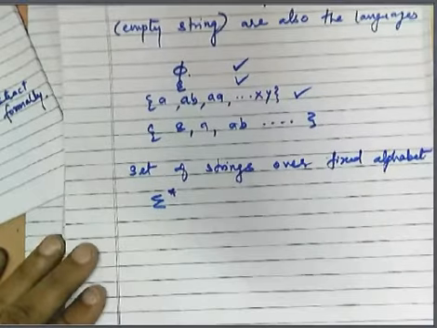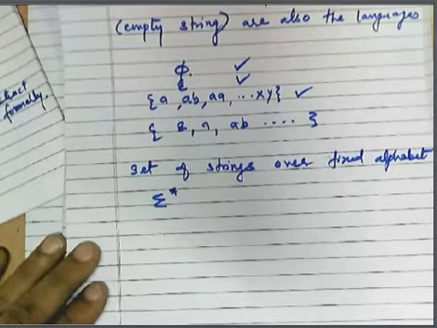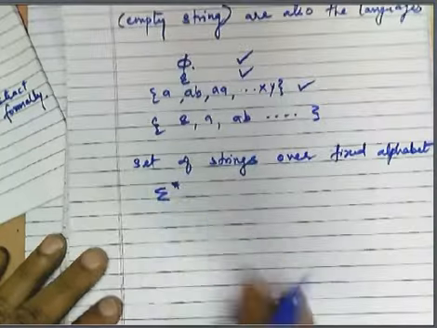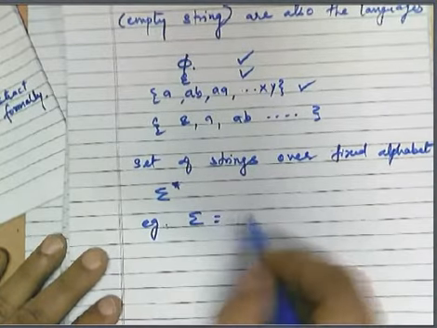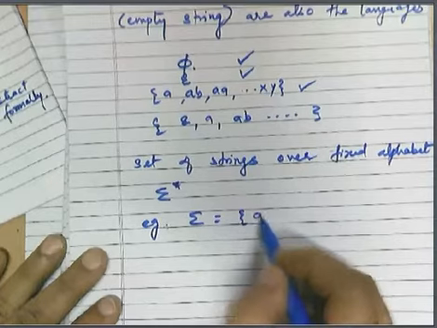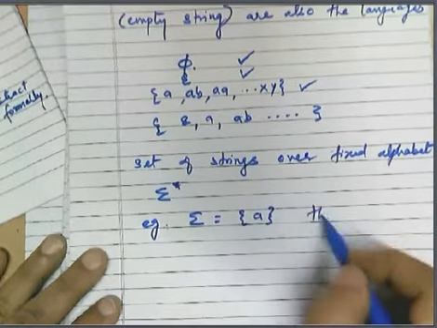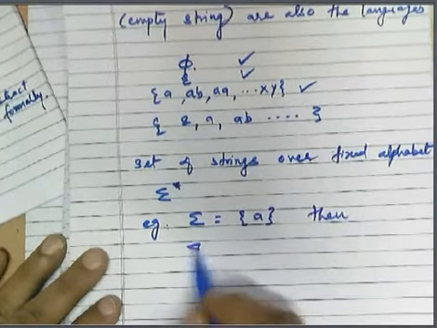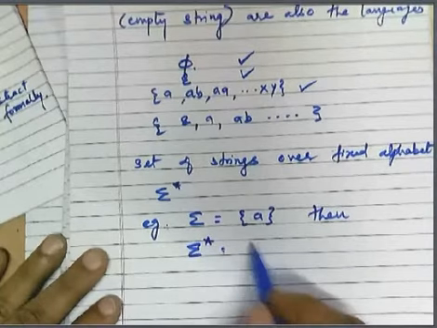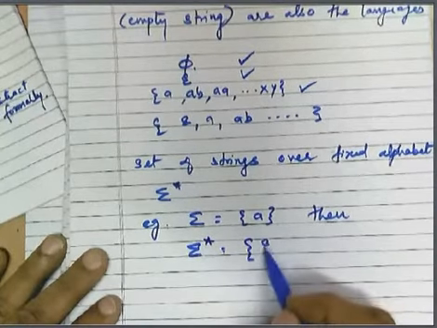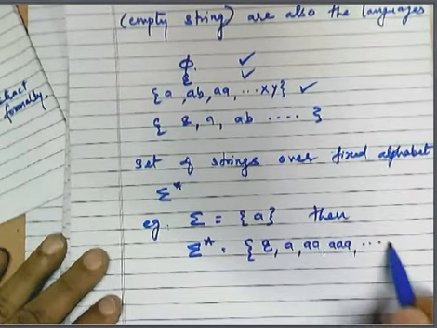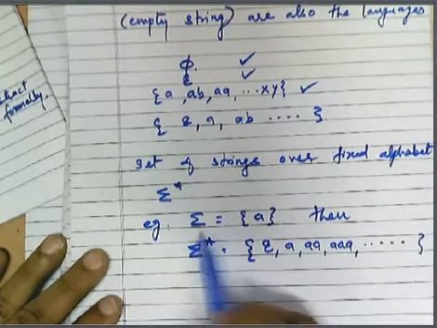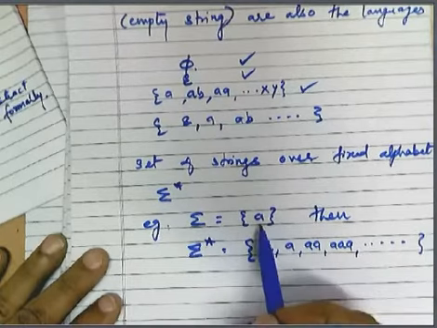If it is an infinite language, so for example, if I am having alphabet as A, then its closure, I think you must have learned this, its closure will be what? Empty, A. So in this alphabet you are having only a single symbol.